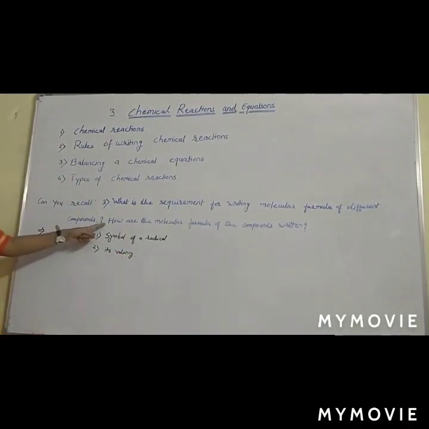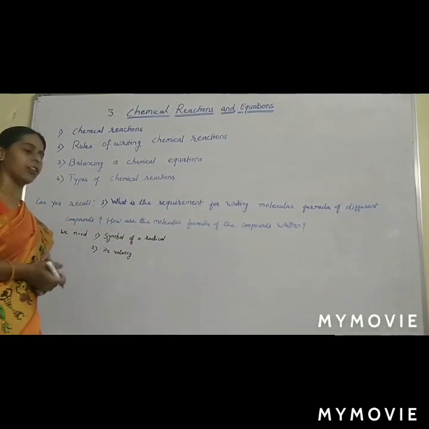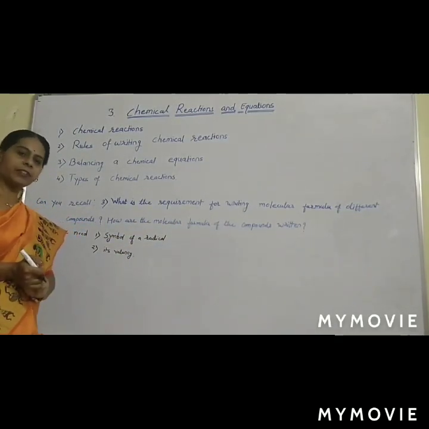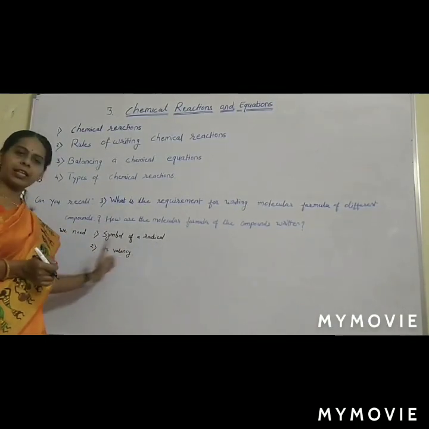Now the next question: how is the molecular formula of a compound written? While writing the molecular formula, again we need these two things, the symbol of a radical and its valency.